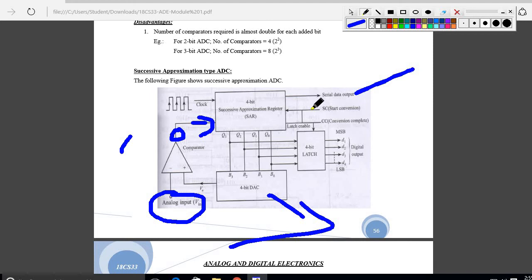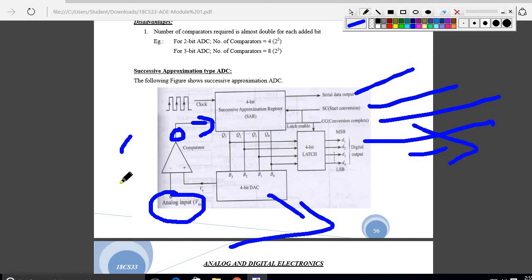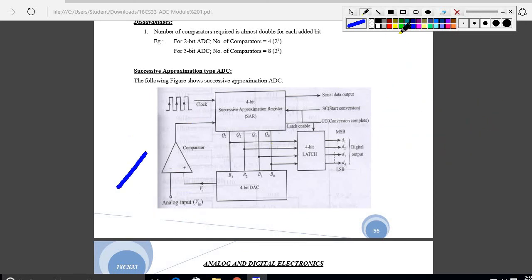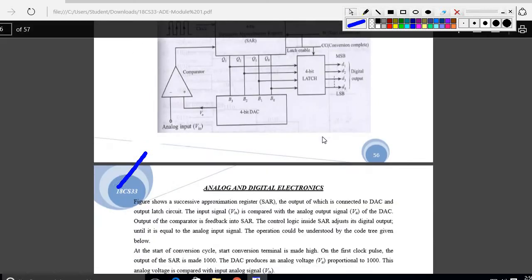The conversion starts with SC, start conversion. CC is conversion complete; once the conversion is completed, it is shown with CC. The 4-bit latch gives the digital output here. Is it clear? The next code tree is given here, so we'll have to see that.